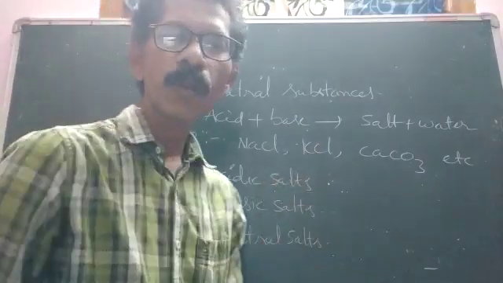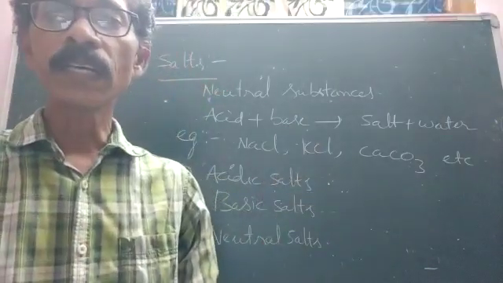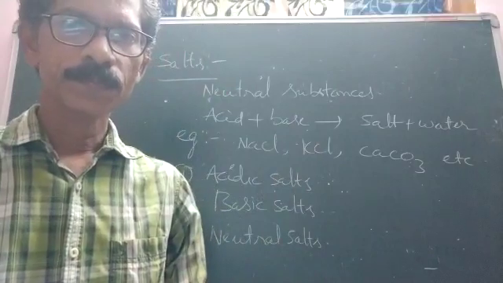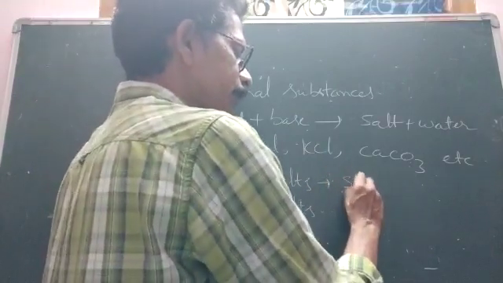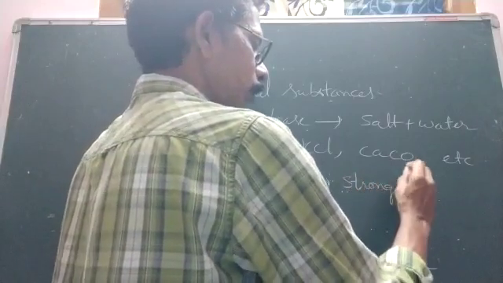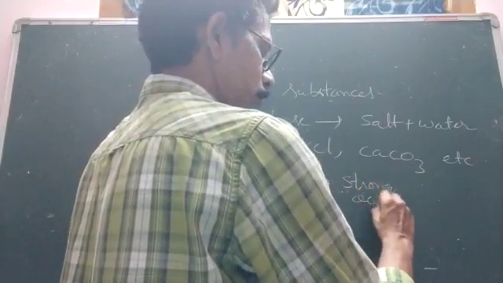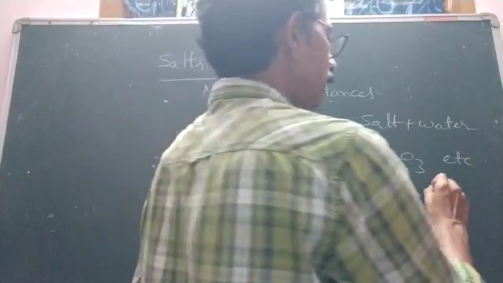Acidic salts are formed by the combination of a strong acid with a weak base.